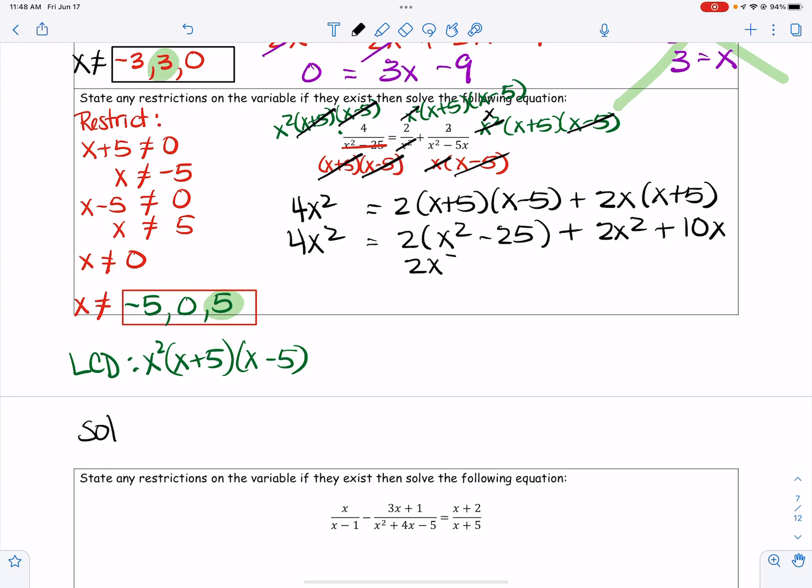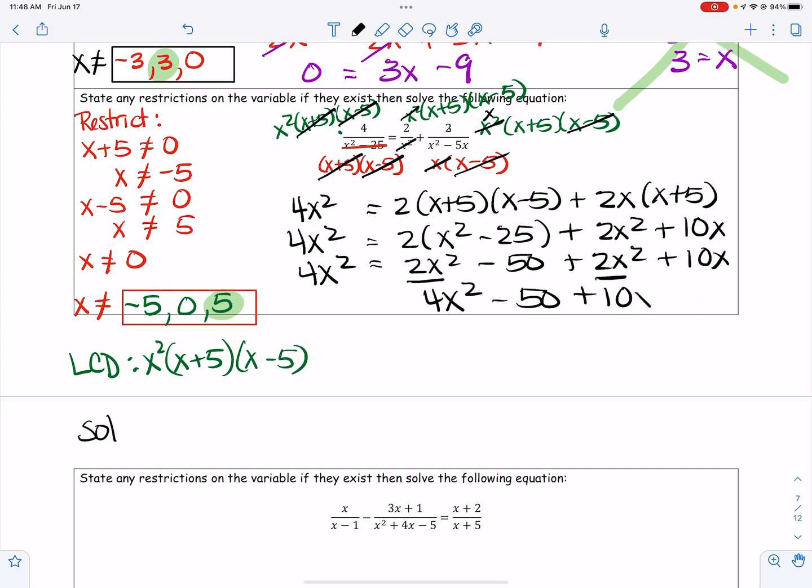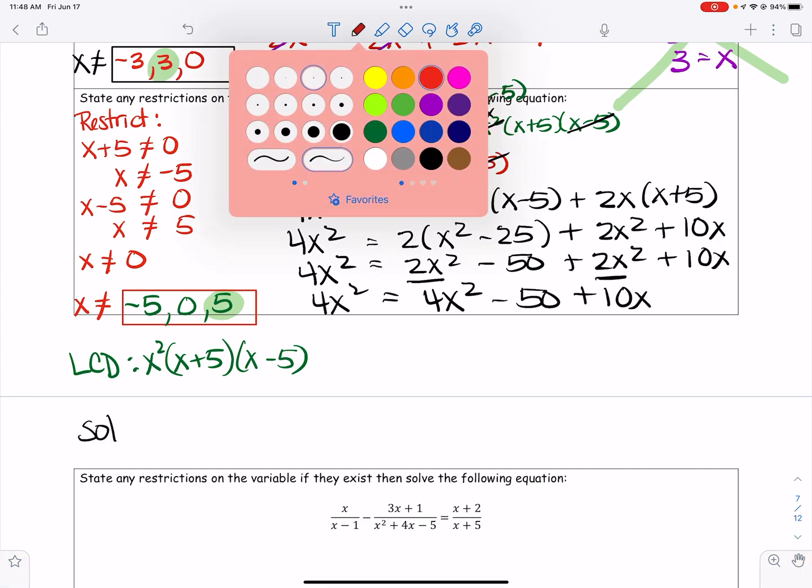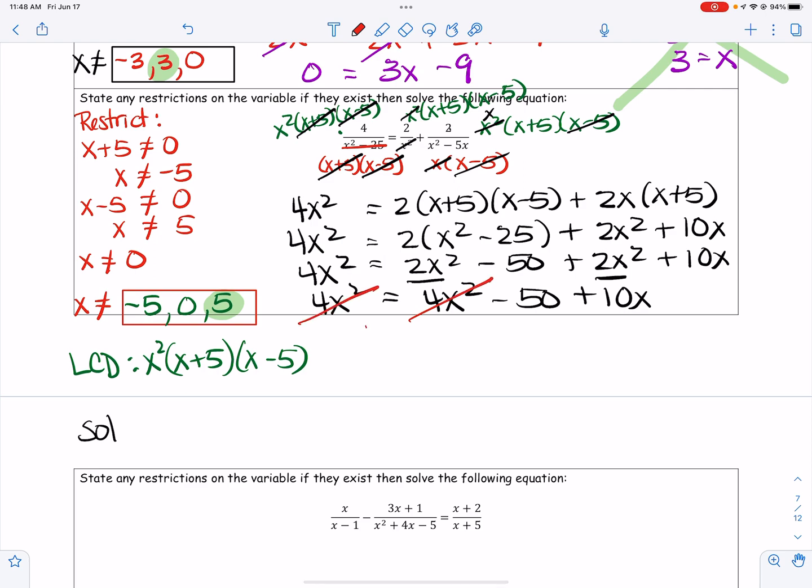So 2x squared minus 50 plus 2x squared plus 10x is equal to 4x squared. Combining, I get 4x squared minus 50 plus 10x. And then these are going to cancel. So I have negative 50 plus 10x.